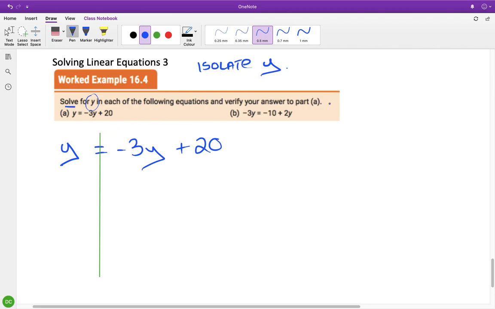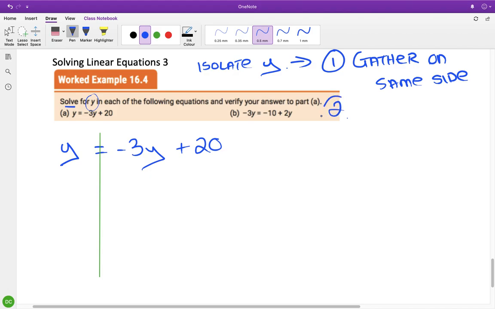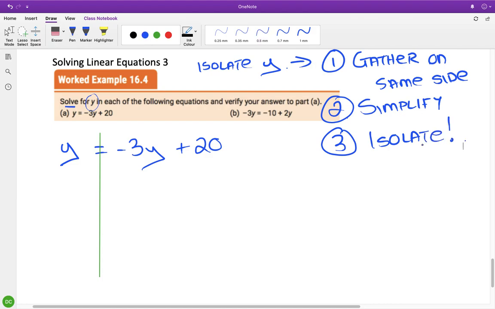So when there's more than one of them and you're trying to isolate, first you have to gather. The first thing you have to do is gather them on the same side. Second thing you do is simplify them, and then you can worry about isolating. Okay, so there's just an additional step.